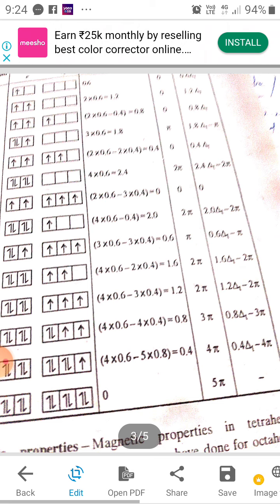In the d3 system, two unpaired electrons will go in the Eg orbitals, and the third unpaired electron will go into the T2g orbitals. So we will have 2 into 0.6 minus 0.4, because the number of electrons in the T2g orbitals is multiplied by 0.4.